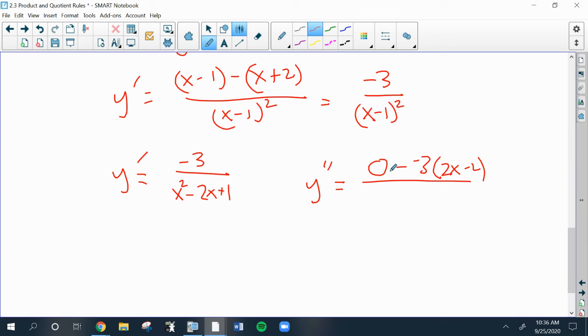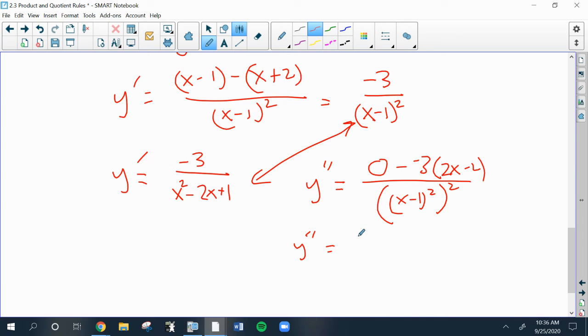times the derivative of the bottom, which is 2x minus 2, all over the bottom squared. Now, the bottom squared would be this squared, but we already know the bottom is x minus 1 squared, so it's easier just to write it like this. We already established that these two things are the same. So now we have, this is a positive 3.